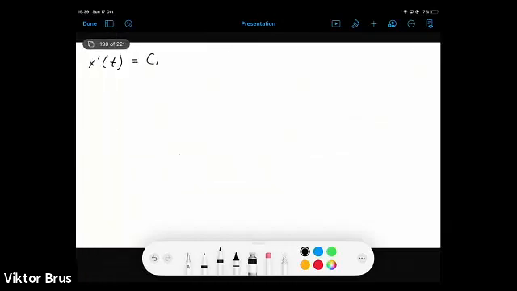C1 times e to the power of i(φ1 plus ωt).